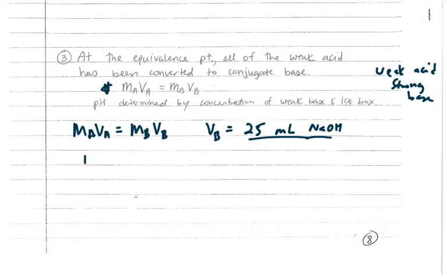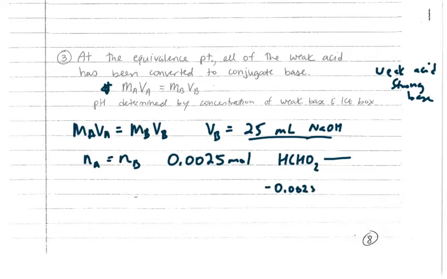So the moles of our acid equal the moles of our base, and that number of moles, either way, is 0.0025 moles. When we neutralize that weak acid, HCHO2, it's like we are subtracting 0.0025 moles of this.